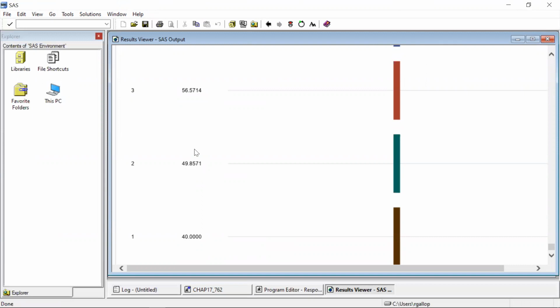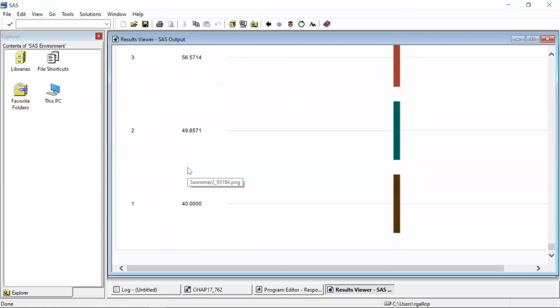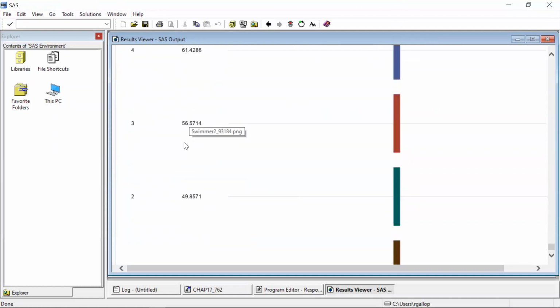That's 6.7. So it goes 9.8, 6.7. Then we go 61.43 compared to 59.57. That's a 1.8. My fault, that's a 4.86. So it doesn't necessarily look like the same amount of change from 1 to 2, 2 to 3, 3 to 4.